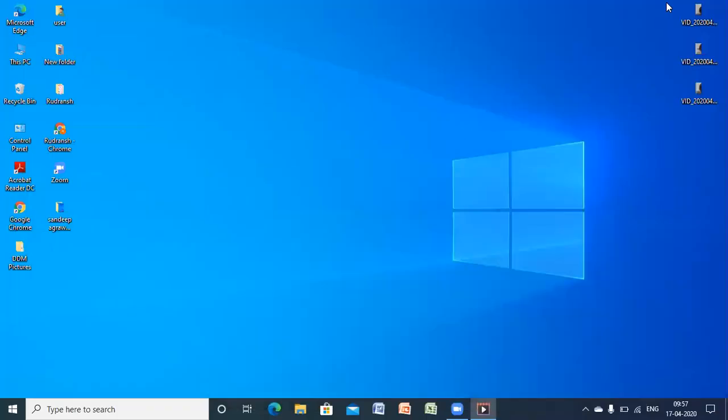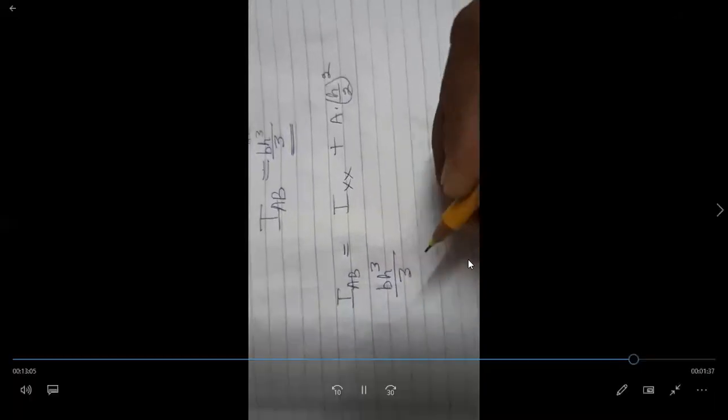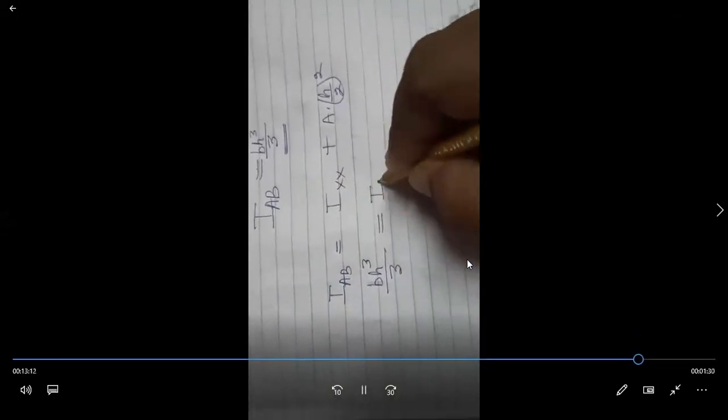And if we know the value of IAB, then we can find out the value of Ixx plus b into h into h square by 4.